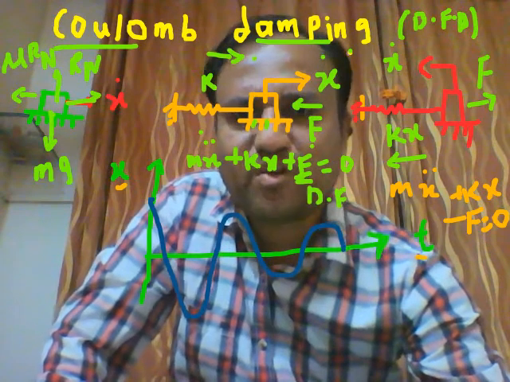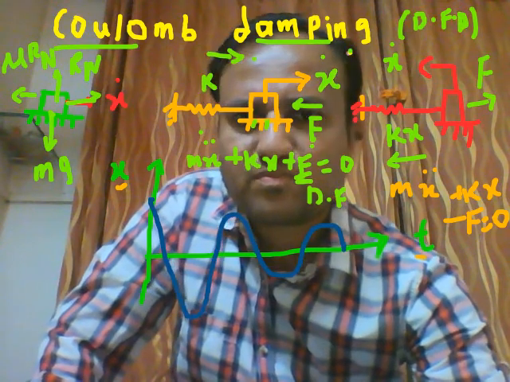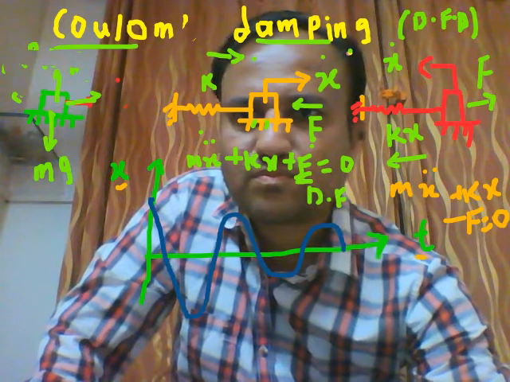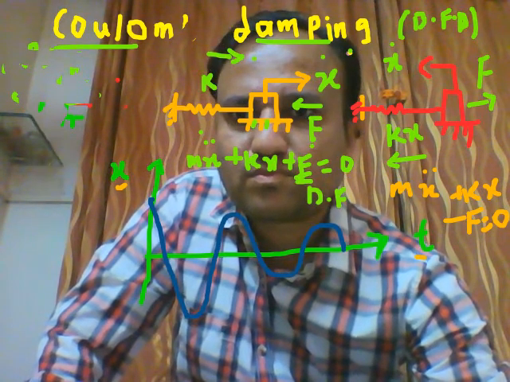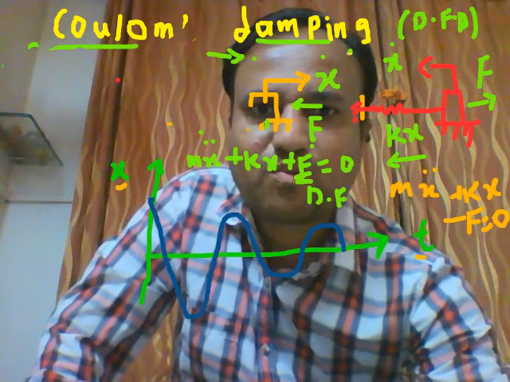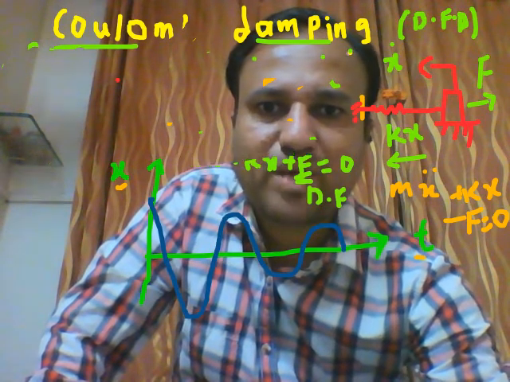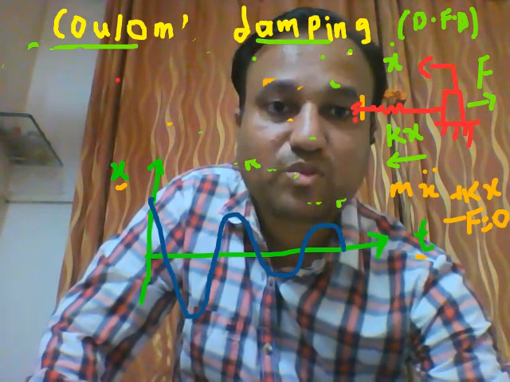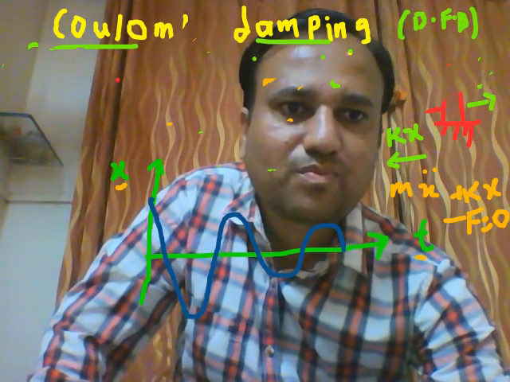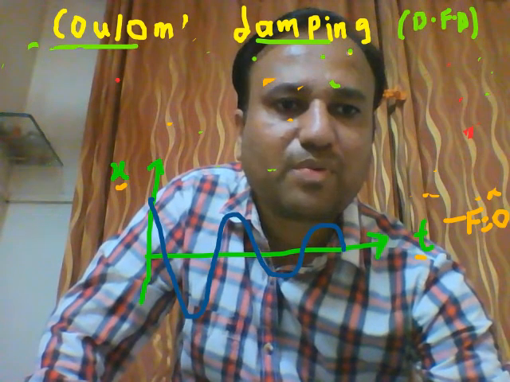So this graph we'll discuss in detail, student. So variation of displacement versus time as per Coulomb damping is concerned. That is, damping force F is induced due to the dry friction damping.